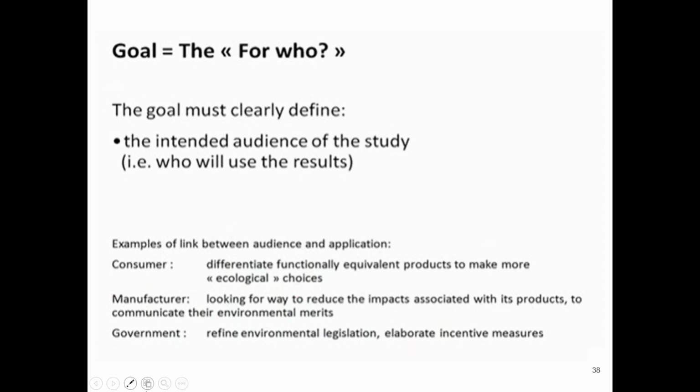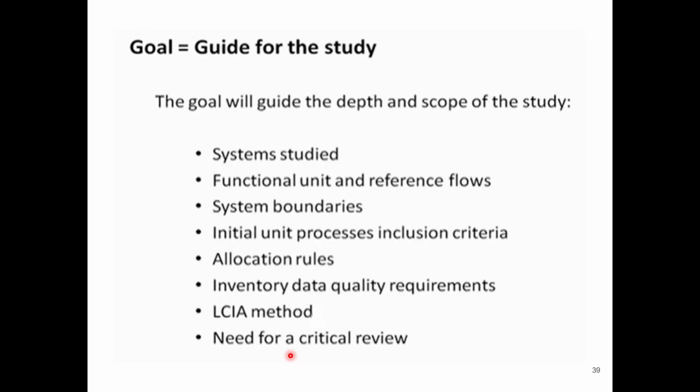A manufacturer will be looking for a way to reduce the impacts associated with its products and to communicate their environmental merits. A government will try to refine environmental legislation and elaborate incentive measures. So for every audience, consumer, manufacturer, and government, the interpretation of results will be different.